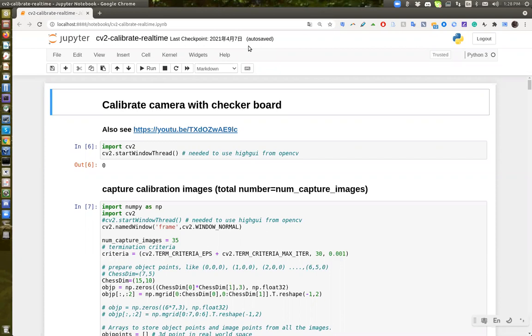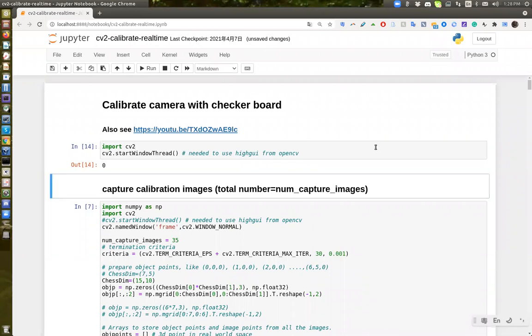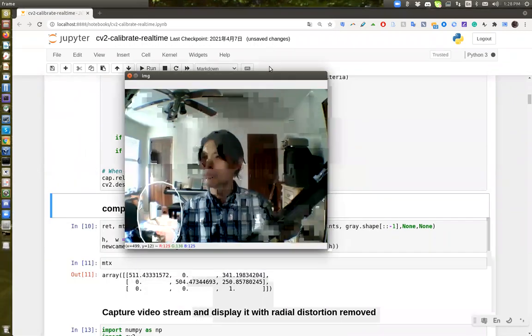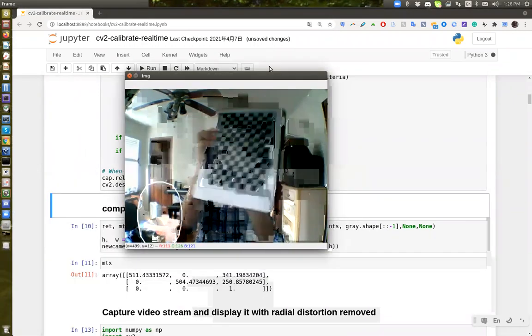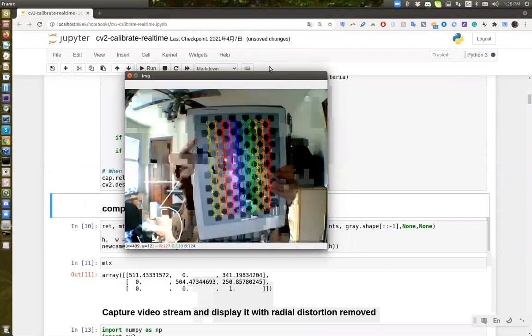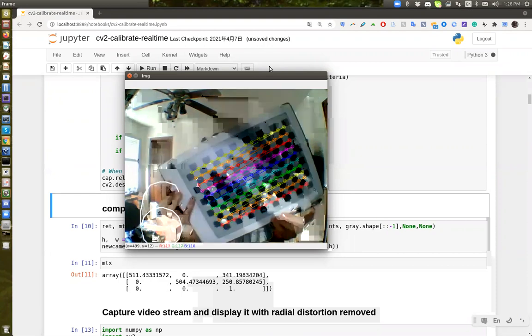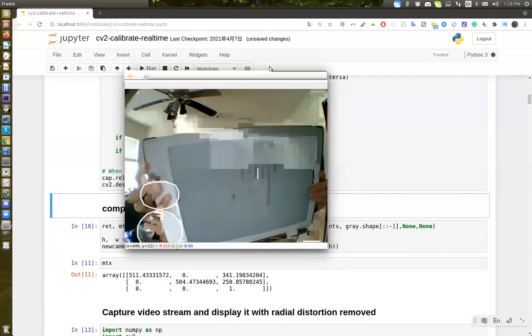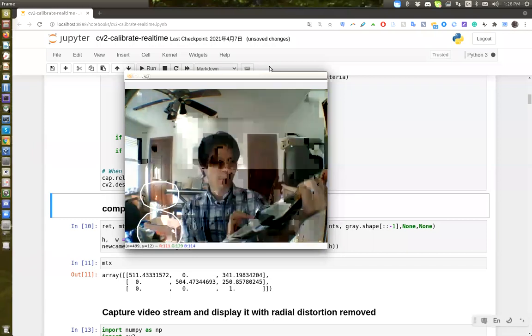Okay, so I don't want to show myself, but I guess I have to. So this is an example. You see the board I'm showing here is a calibration board that you can just download.